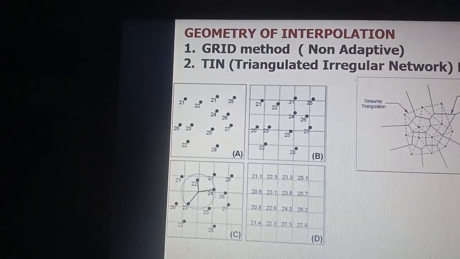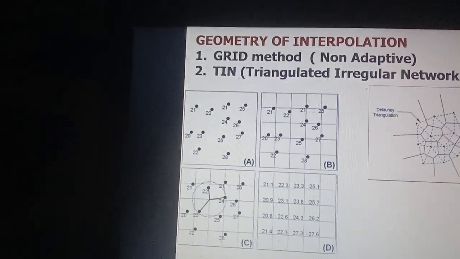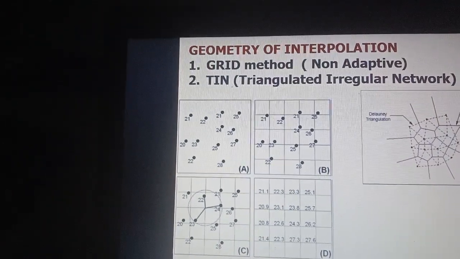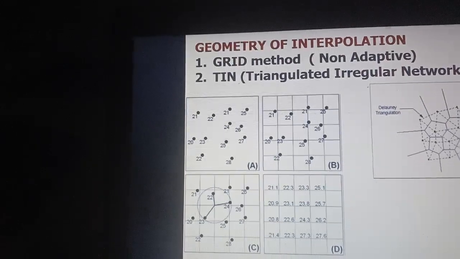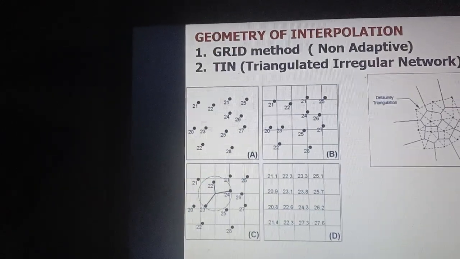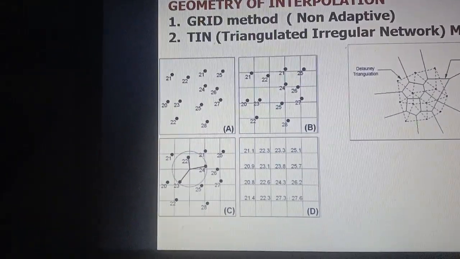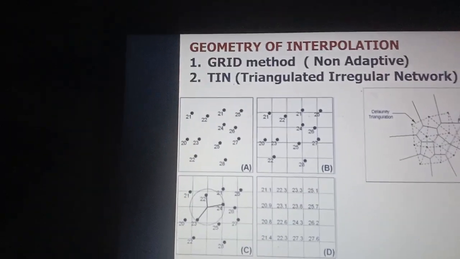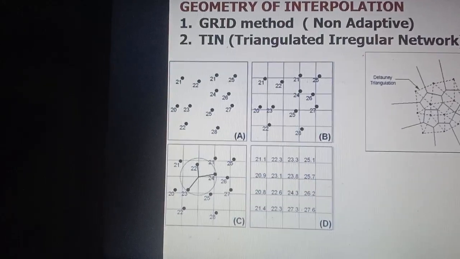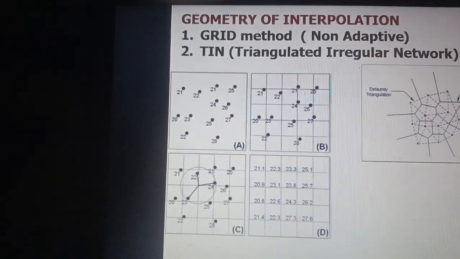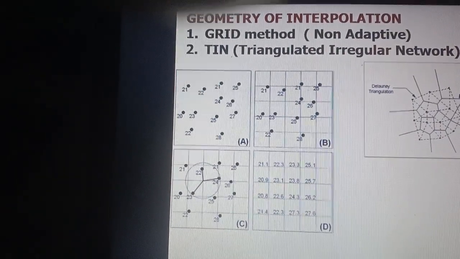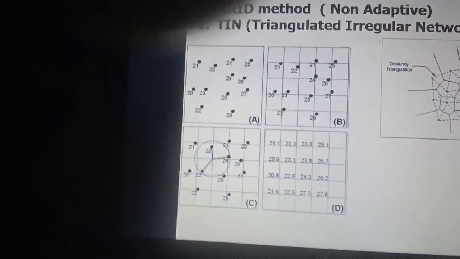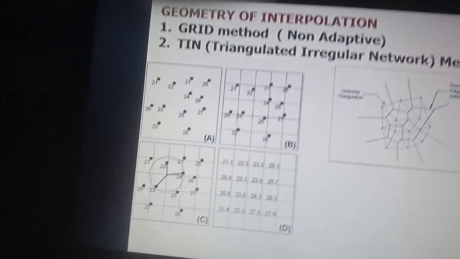So ultimately, the total area we divide into some rectangles or cells, which are called grids. Now, in the grid pattern of interpolation, the advantage is that it is very easy to calculate mathematically, but the accuracy level is not good.